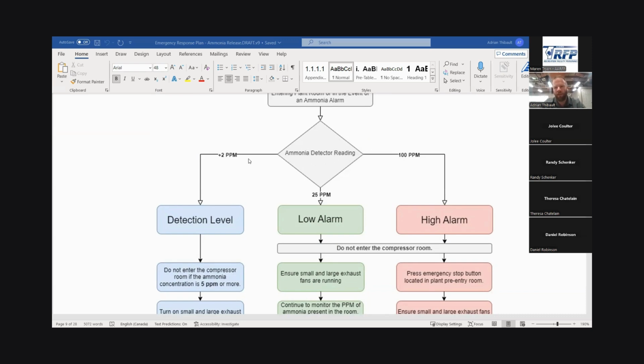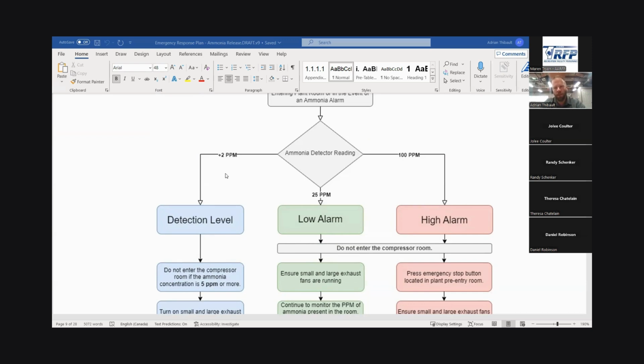You just need to have procedures in place for monitoring, whether it's personal monitors, a handheld monitor, or someone watching a detection system from outside, to be able to make a call on whether you can go in: if it's rising, if it's not rising, if it's dropping, because you've got the exhaust system exhausting the ammonia from the room, and it's going down.